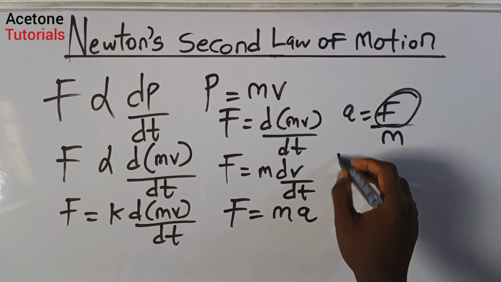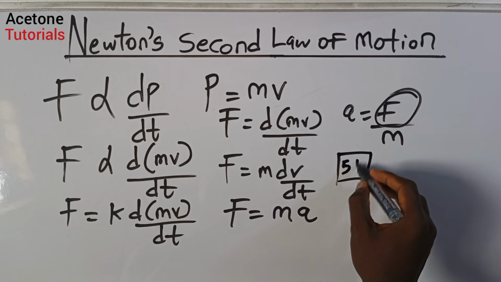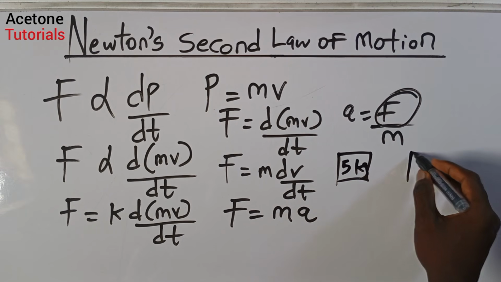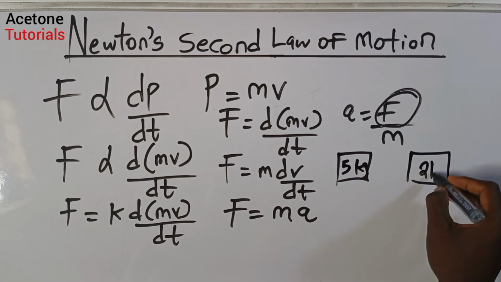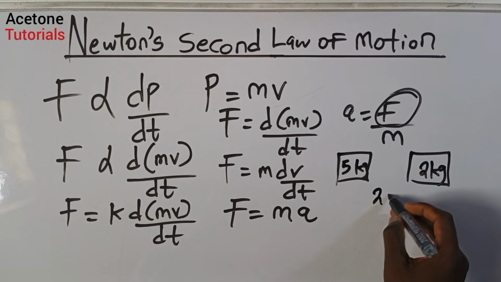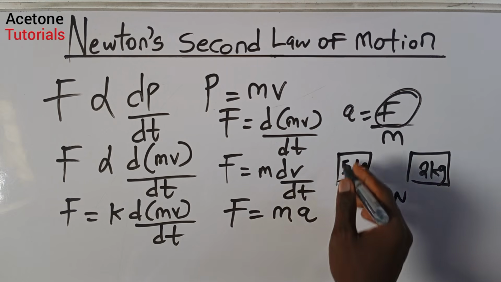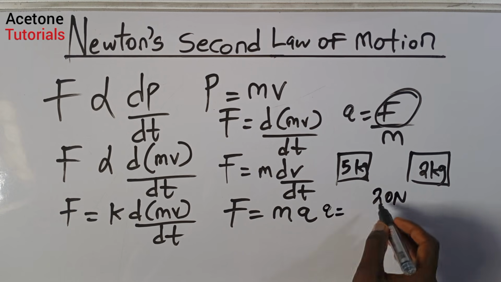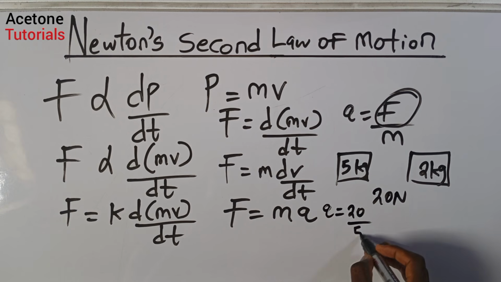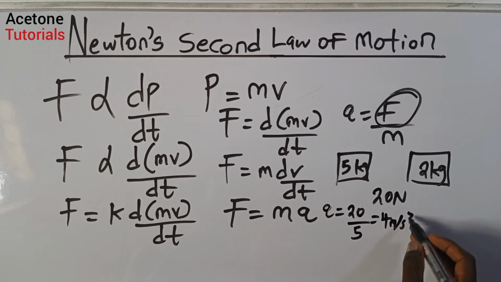For example, if this is a mass of 5 kilogram and this is a mass of 2 kilogram, and a force of 20 Newton acts on both masses, the acceleration of this will be equal to 20 over 5, which is 4 meter per second square.